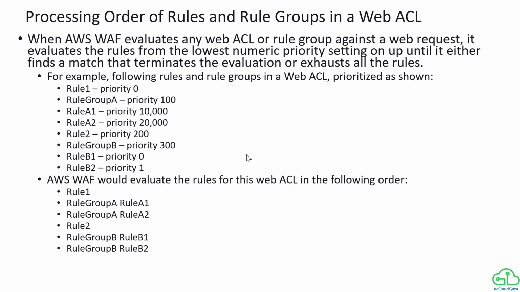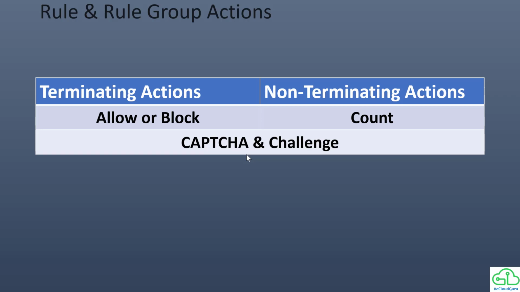Now, as we spoke about earlier, your rule will have a condition and an action. These actions can be terminating or non-terminating. A terminating action will stop the Web ACL evaluation of the request and either lets it continue to your protected application or blocks it.